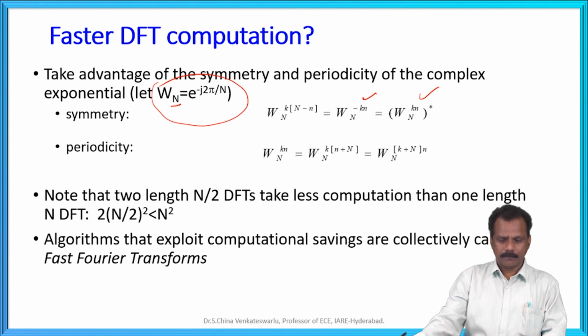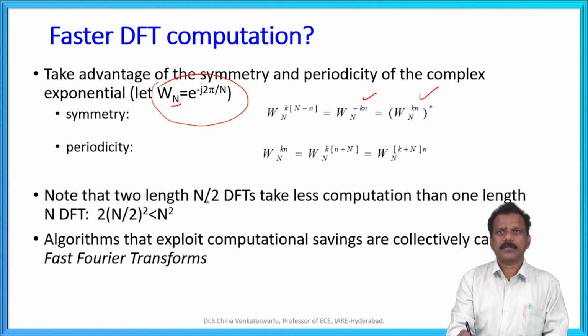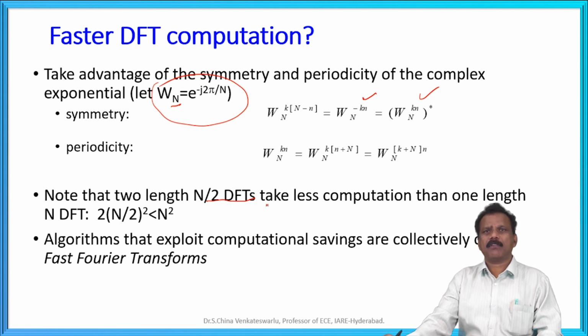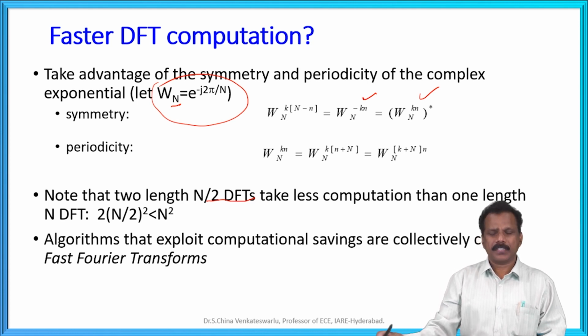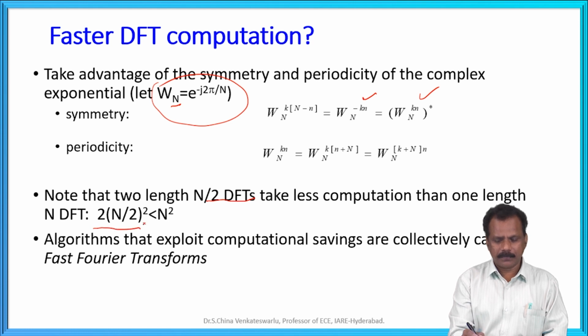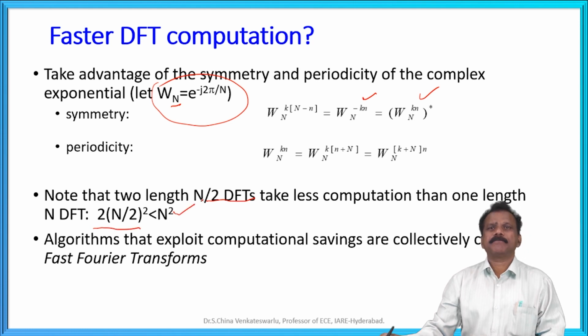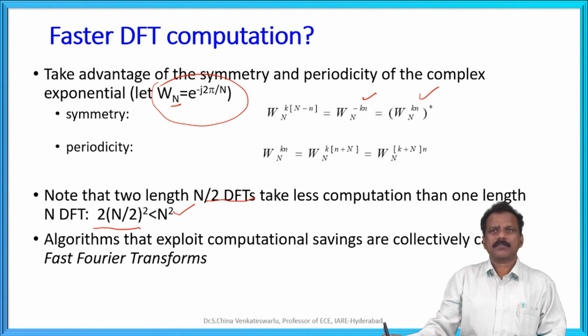Note that two length N by 2 discrete Fourier transforms take less computation than one length N DFT, that is, 2 into (N by 2) squared is less than N squared. So using this, we can follow the symmetry and periodicity to expect faster DFT computation.